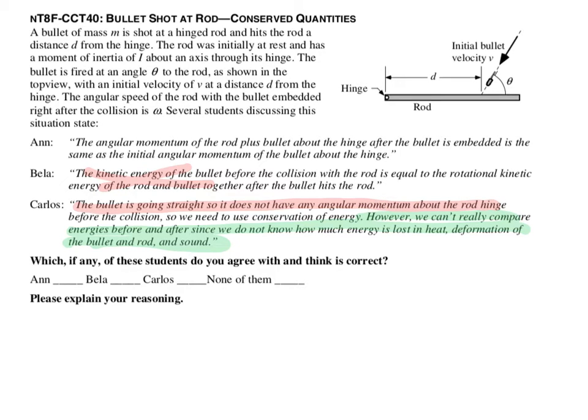An object traveling in a straight line past a point of rotation has an angular momentum whose magnitude is given by the moment arm of the momentum vector times the size of the momentum vector.